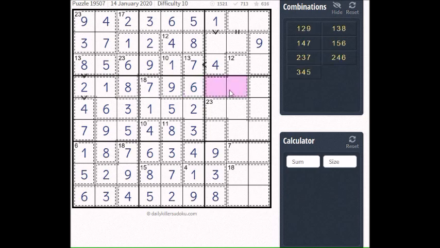So we cannot get a 10 here. So this is 3 with 5, 4, and here we have 2. The 5 will make this 6, 5. Now this is 3.